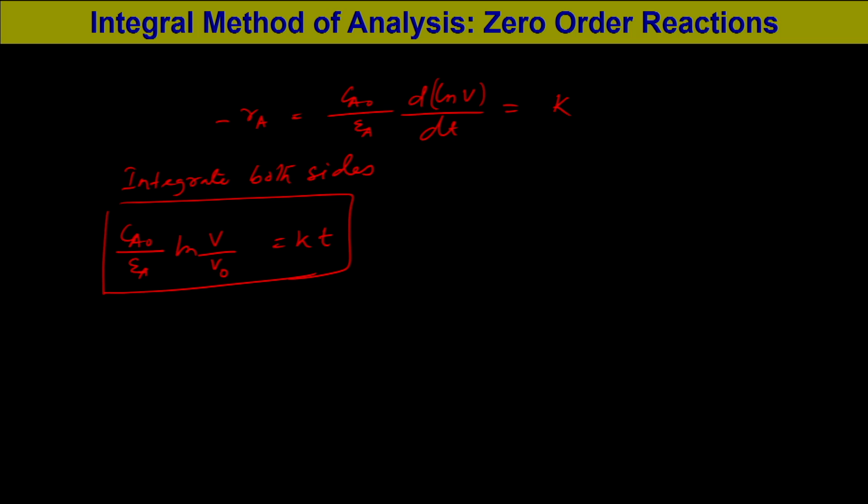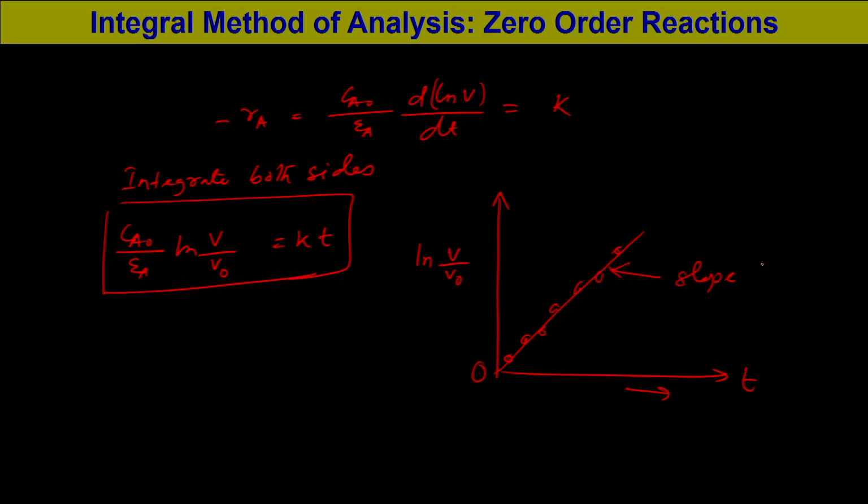Now, if we plot ln V by V naught versus time, we would obtain a straight line passing through the origin with a slope equal to K epsilon A by Ca naught.